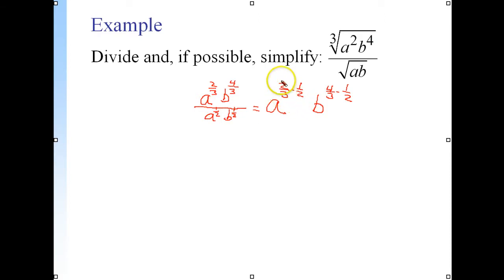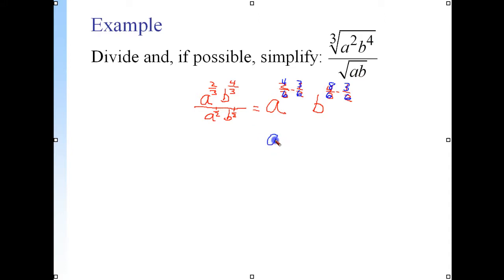So here this is going to be 4/6, and this will be 3/6, and this is going to be 8/6, and this is going to be 3/6. Okay, now I can subtract them.